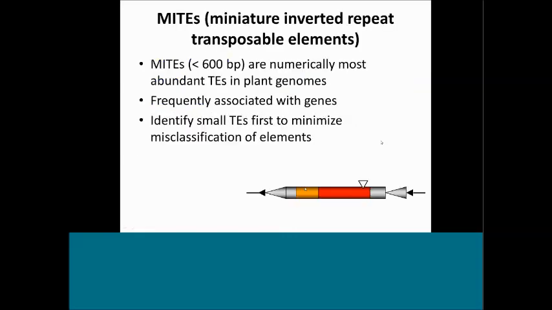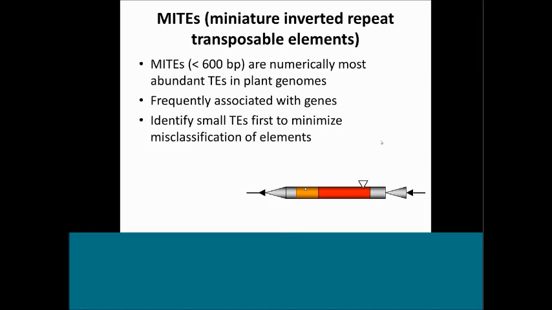In this protocol, the first step is to collect MITEs, which are miniature inverted-repeat transposable elements. This is not a taxonomy term. It includes a group of DNA transposable elements which, because they are small, are non-autonomous elements.